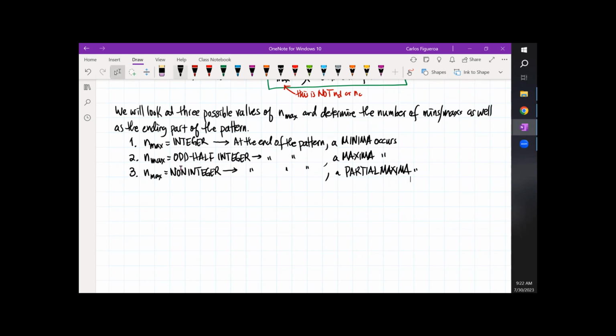So here we go. I'm going to start with case 1. In case 1, n max is going to be an integer. So what we have to do is handpick values of the wavelength and the slit opening, or the aperture opening.